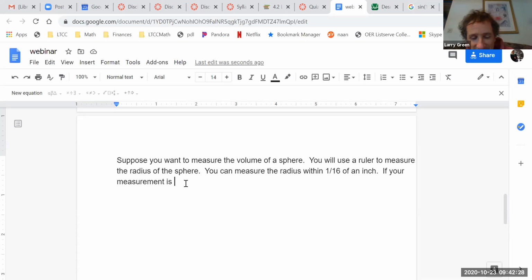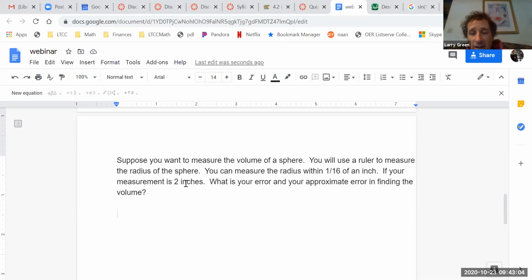Okay, if the measurement is 2 inches, what is your error and your approximate error in finding the volume? Any questions on the question? All right, so first thing, let's see if you guys can tell me.